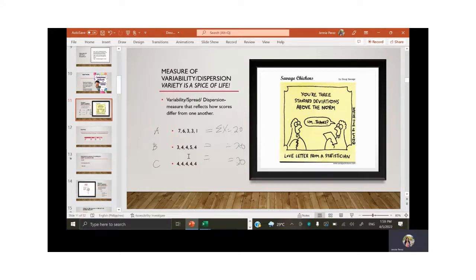The scores are fairly consistent or uniform, and that would be set C. Ito, as you would see, walang variation, lahat 4, although they also sum up to 20.